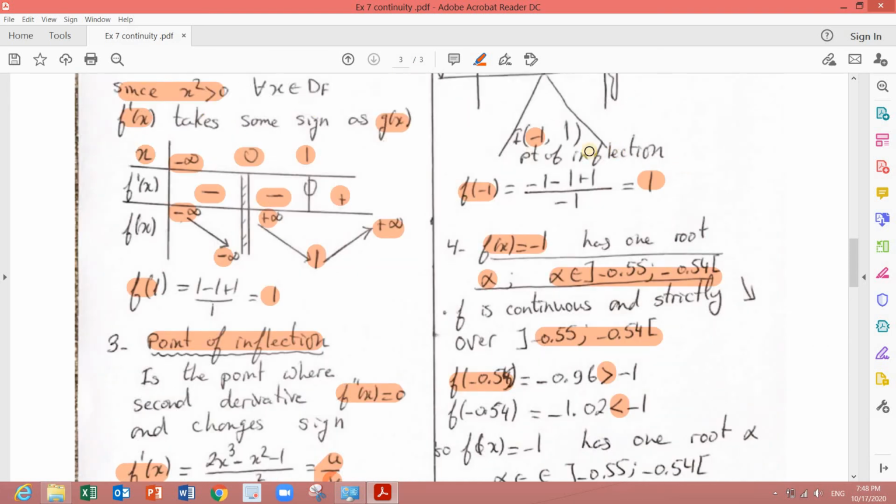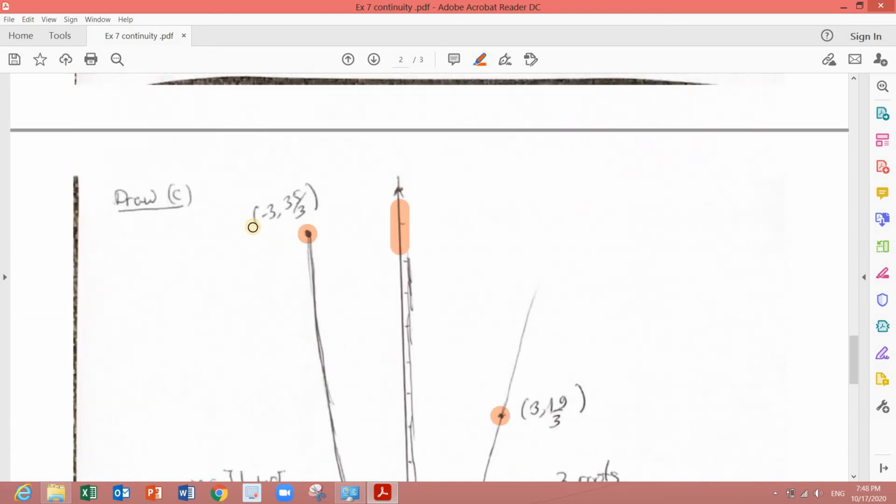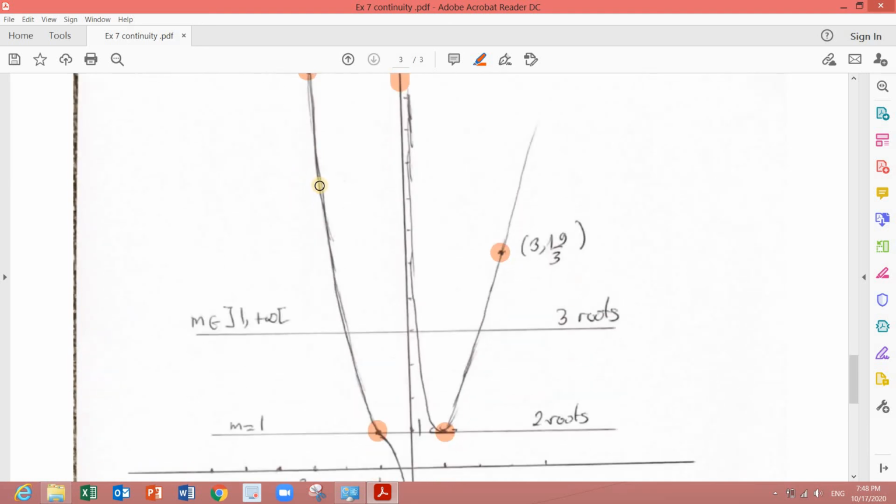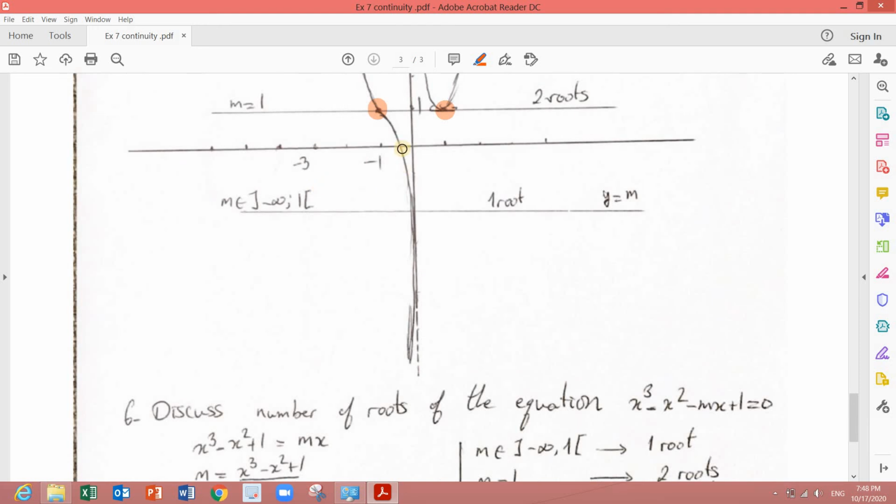Table of variation, first arrow, the curve is minus infinity, plus infinity. You have to change this one. And it goes to 0, minus infinity. Minus infinity, plus infinity is from that point. Then it goes to 0, minus infinity. This is 0, minus infinity.